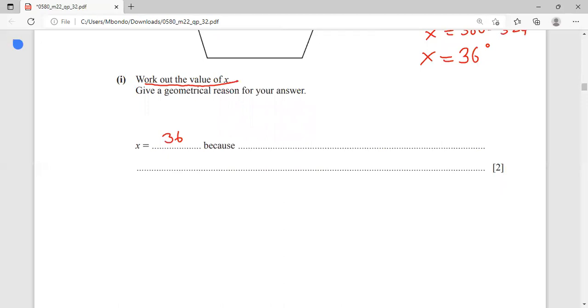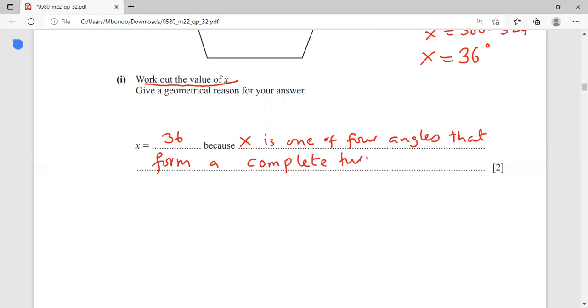What is the reason? We can say x is one of the four angles that form a complete turn. x is one of the four angles which form a complete turn.